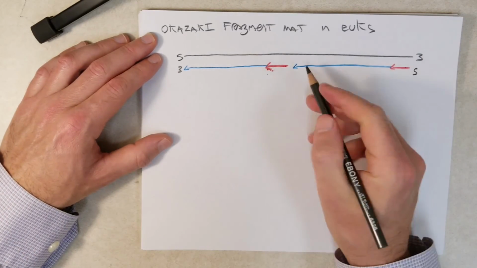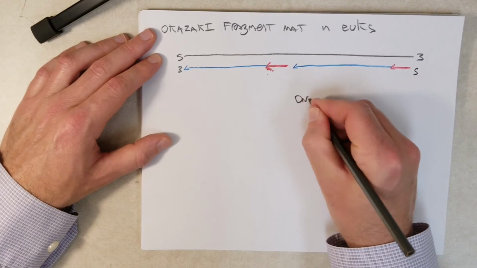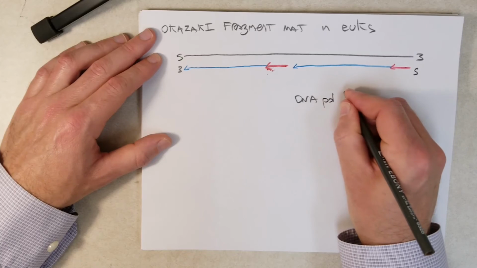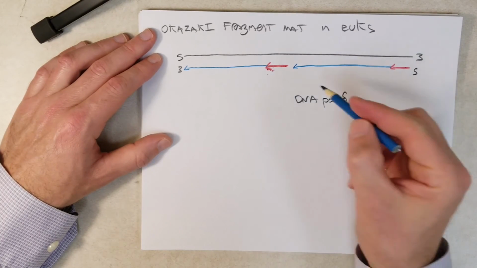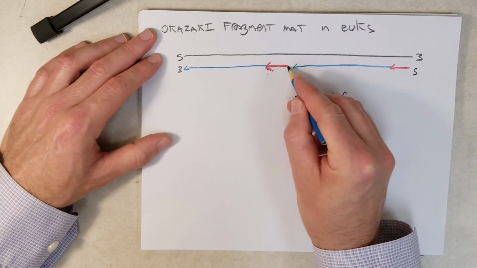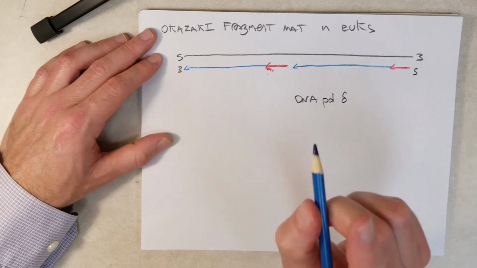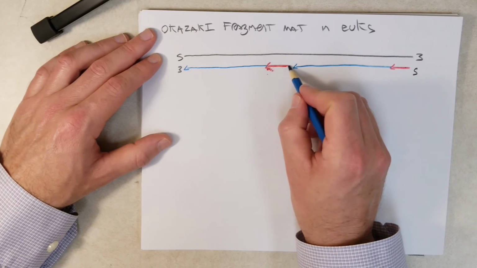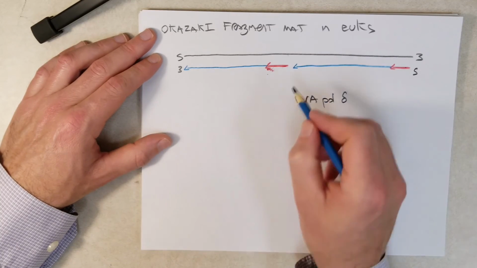Now, how does Okazaki fragment maturation in eukaryotes work? DNA polymerase delta is the one that does most of the lagging strand synthesis. And let's say we have DNA polymerase delta right here. It's not going to stop when it hits this primer. The model is that it wedges itself between the primer and the template and dislodges a little flap.